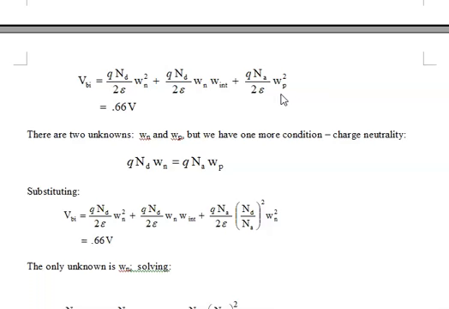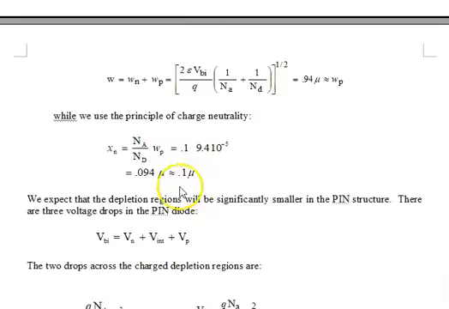What do we know and what don't we know? Well, we don't know WN and we don't know WP. We know W intrinsic, that's 1.5 microns, and we know the sum is 0.66 volts. We have one more piece of information, and that is the areas under the charge concentration curves must be equal.